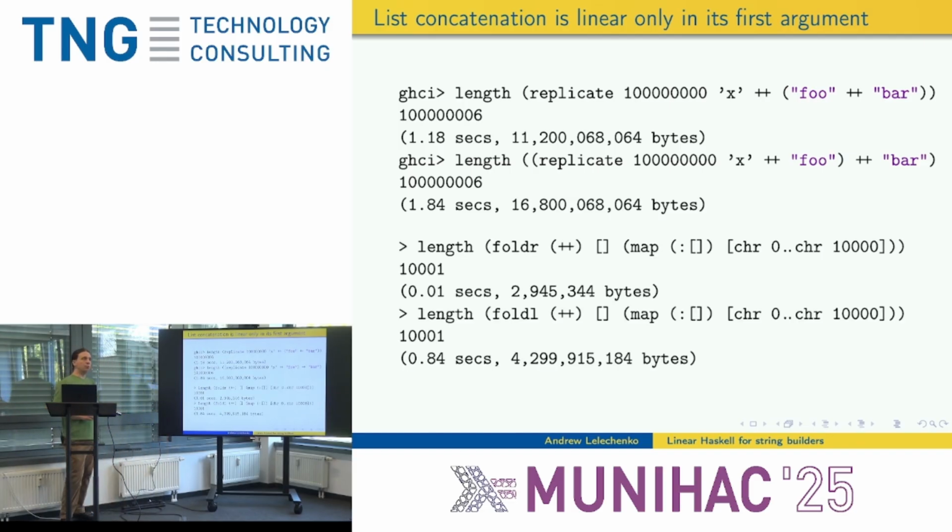For a really catastrophic example, which we usually mention when we say that concatenation of lists can exhibit quadratic behavior, it's when you concatenate lots of strings. Here I create 10,000 strings, all of them 1 character long. Then I concatenate them to the right with foldr. And it's actually quite fast, with no problem with allocations.